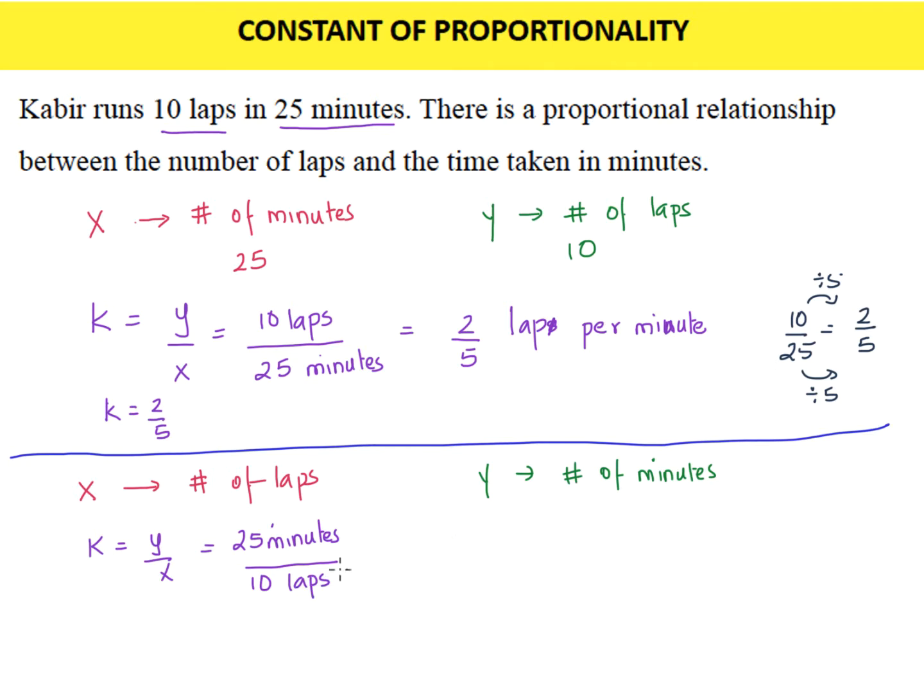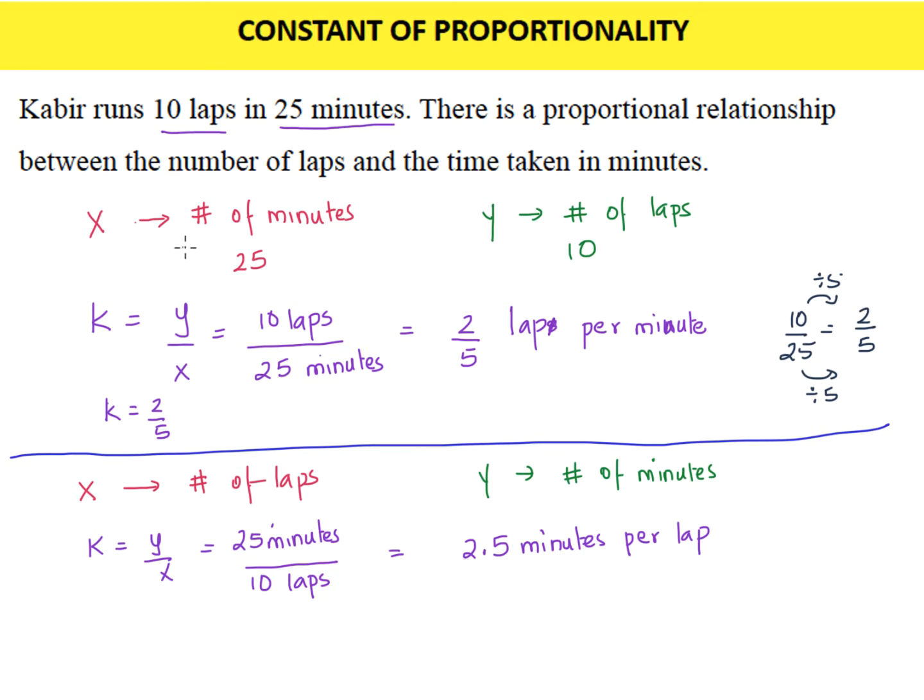And since I'm dividing minutes by laps, my answer is going to be minutes per lap. And I can simply divide 25 by 10 and write that as 2.5 minutes per lap. So how you define your independent and your dependent variable will decide what your constant of proportionality is.